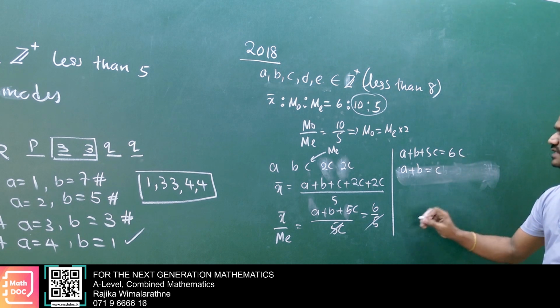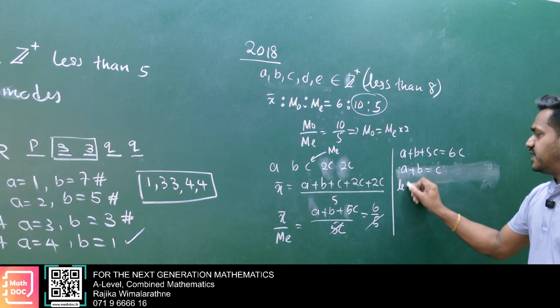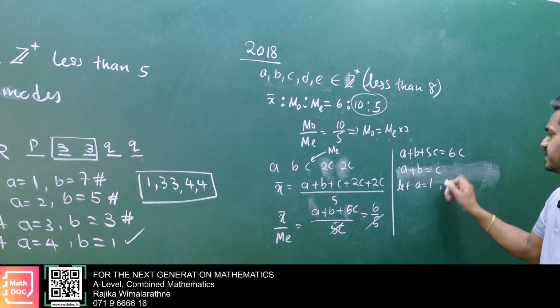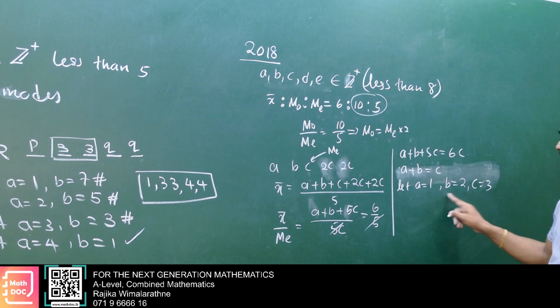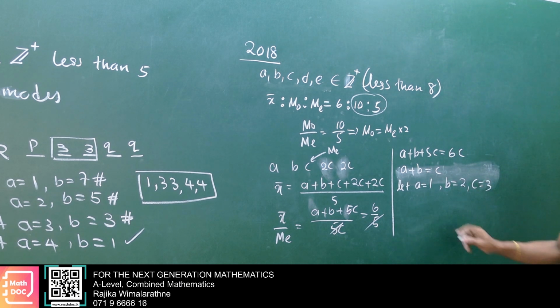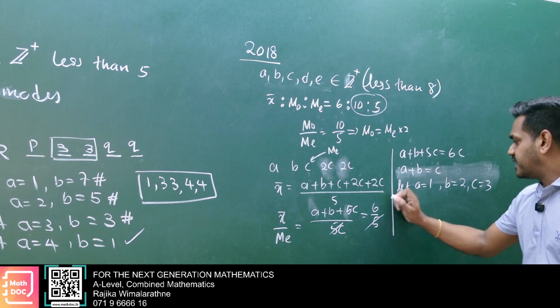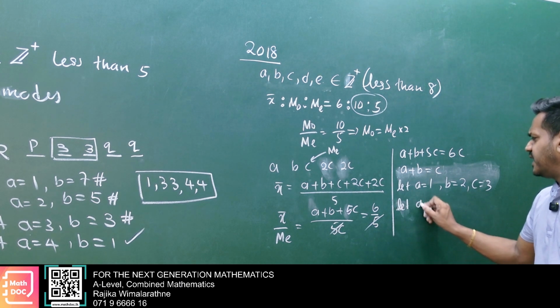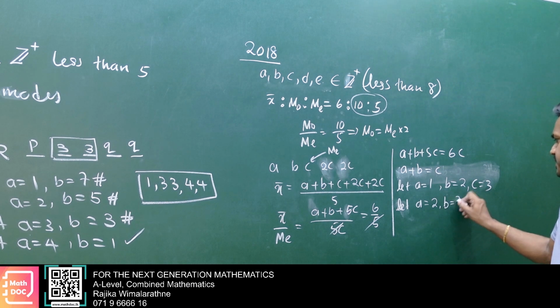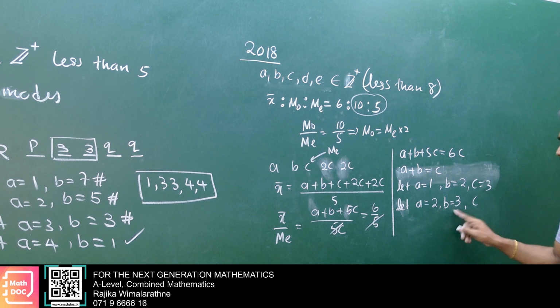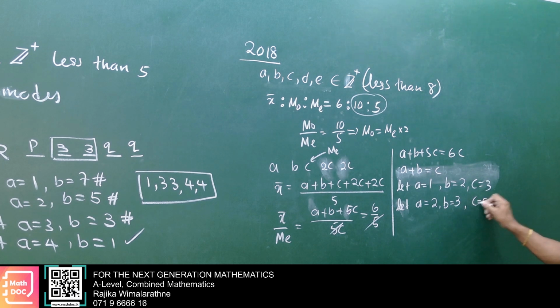Then A plus B equal C. Now consider, let A equal 1, B equal 2, then C equal 3. This is possible, no? Then let A equal 2, B equal 3, C equal 5, then 2C value is 10.